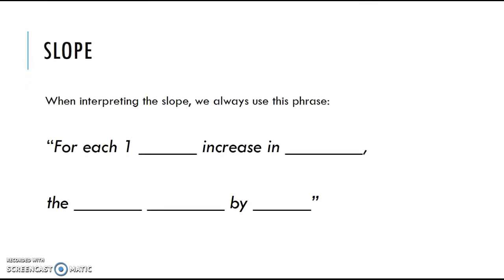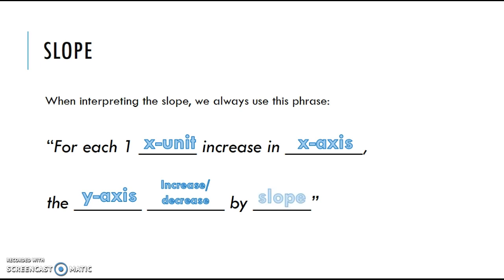When we interpret the slope, we are always going to use this phrase. So hint, hint, I'd write this down. You'll see a lot of blanks in here, and as I go through that, I'll fill them in. So to interpret the slope, we say, word for word, for each 1 x unit increase in the x-axis, the y-axis increases or decreases by whatever the slope is.